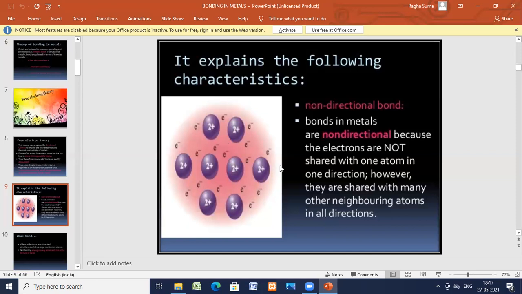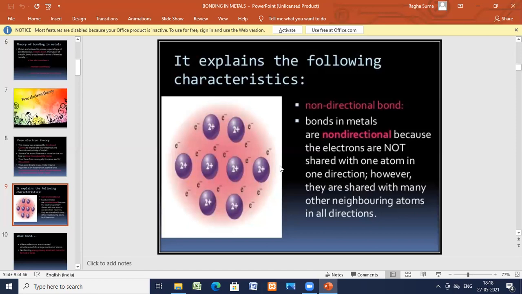Here it's not given, but I'm just giving you a broader explanation, which is not required. The formula is K by sigma equals C T, where C is a constant, T is the temperature, K is the thermal conductivity, and sigma is the electrical conductivity.